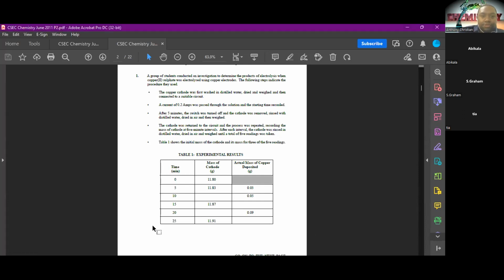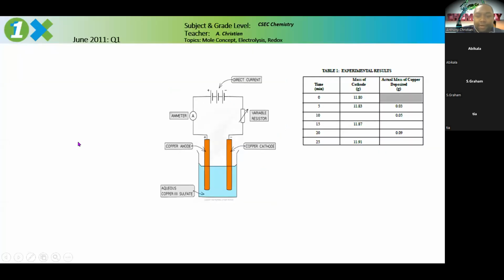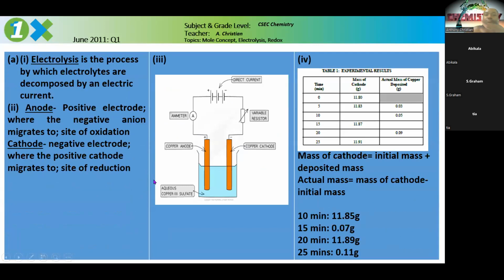So let's go to the questions before the answers before we move on. For the first one that we have done so far, electrolysis is the process by which an electrolyte is decomposed by electrical current, that was said earlier. The anode is positively charged while the cathode is negatively charged.